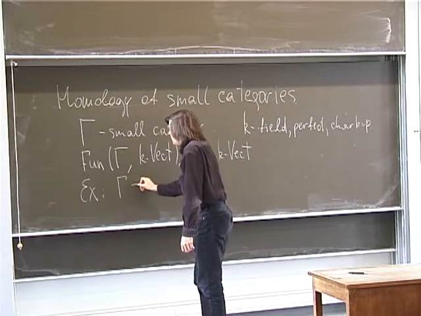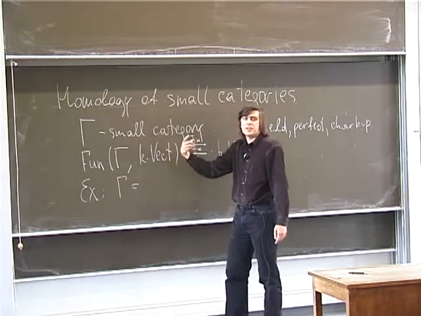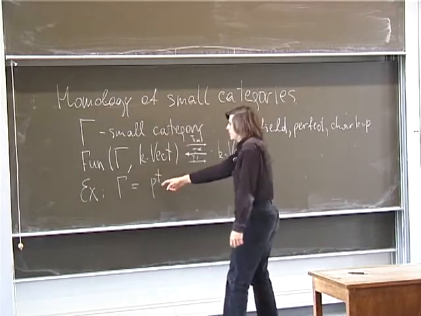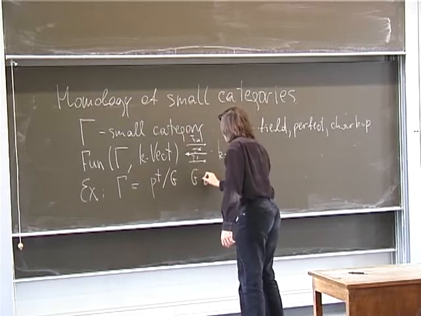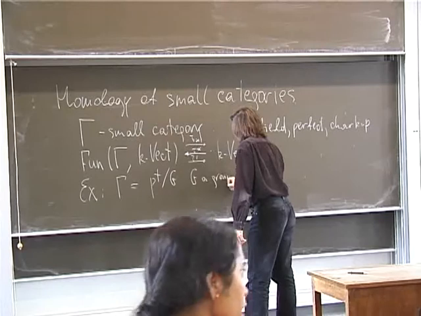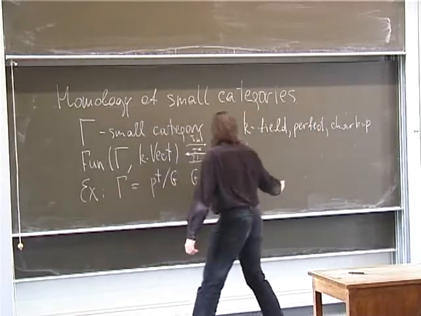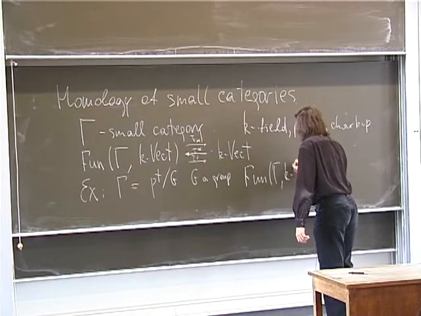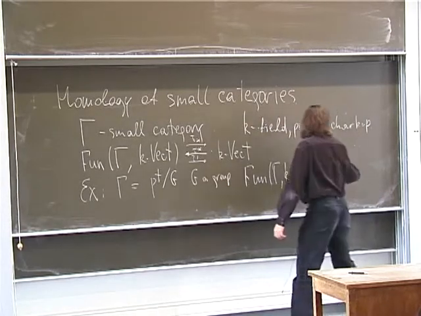But maybe even simpler is an example where gamma is just a category with one object, and all morphisms are isomorphisms. So this is essentially given by a group G. In this case, this functor category is just the category of representations of the group.